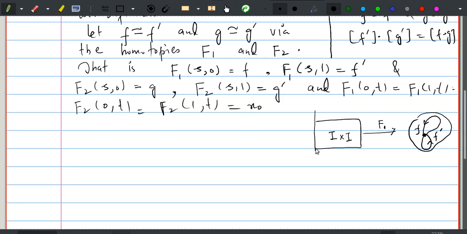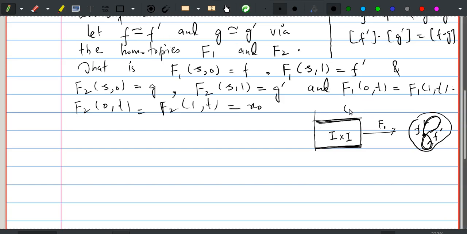This input is mapped to this loop, and this input is mapped to this loop.